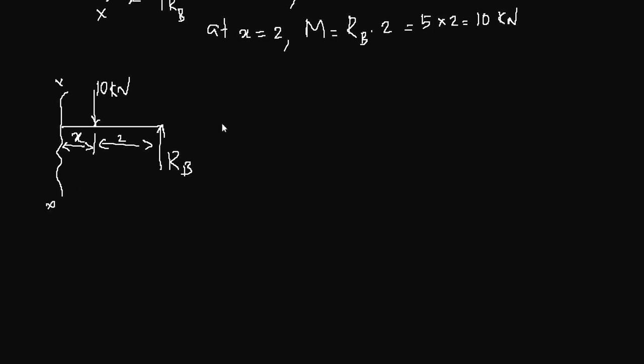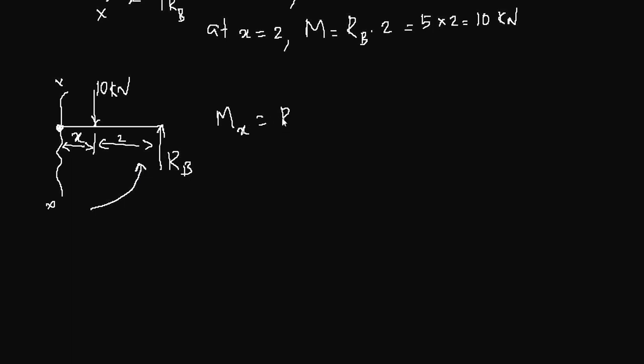Now the moment about the section, as you can see, there are two forces. When you look from this point, you have a 10 kilonewton acting downward and an RB acting upward. The force at the maximum distance is RB. Because it's a counterclockwise moment, rotating in this direction, we take this as a positive moment.